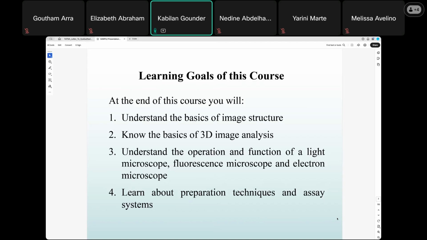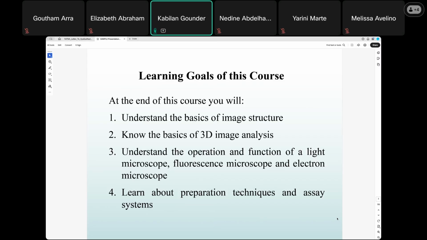Understand the operation and function of a light microscope, fluorescence microscope, and electron microscope. This is the basics. We are not going to teach you the complete physics of microscopes, but we will give you basic ideas about how these microscopes work.